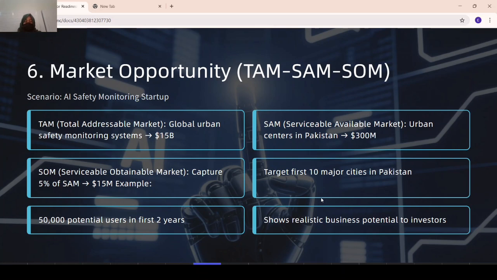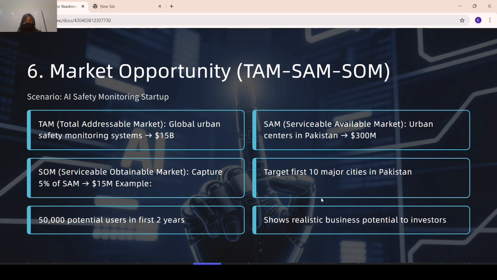If we see SOM, the serviceable obtainable market, it captures 5% of the previous layer, the serviceable available market, and that gets us $15 million. Then we target the first 10 major cities in Pakistan. So 50,000 potential users in the first 2 years shows realistic business potential to investors.